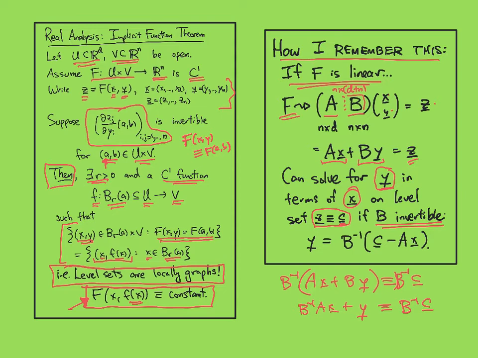And then we get that y is given by B inverse c minus Ax. So y is given as a function of x here. So whichever block in this rectangular matrix is the invertible piece, that's the piece where on level sets you can solve for those variables in terms of the other variables.